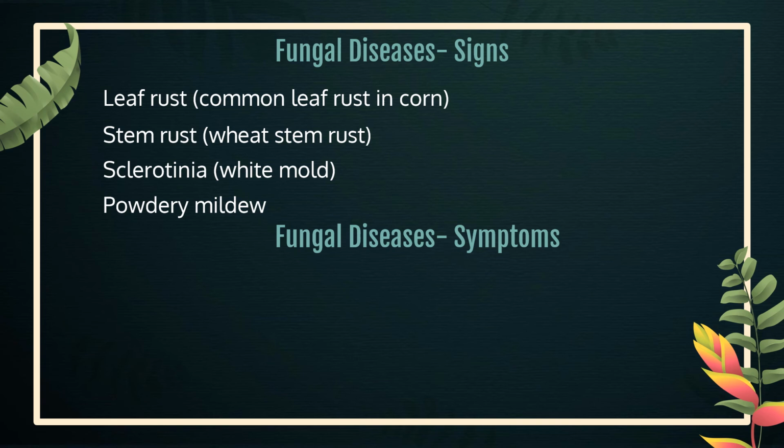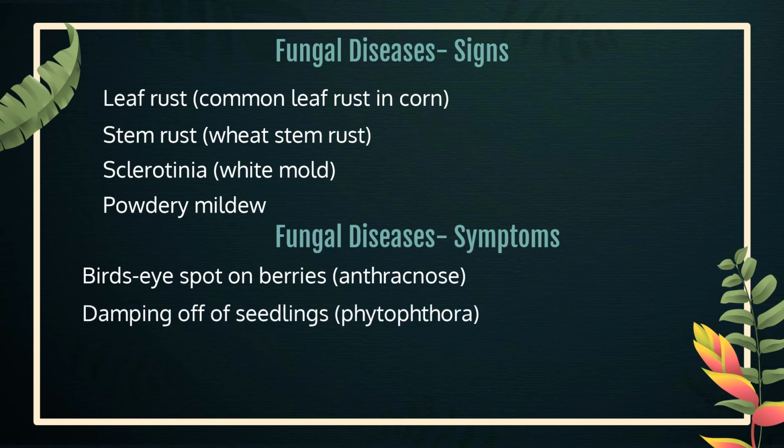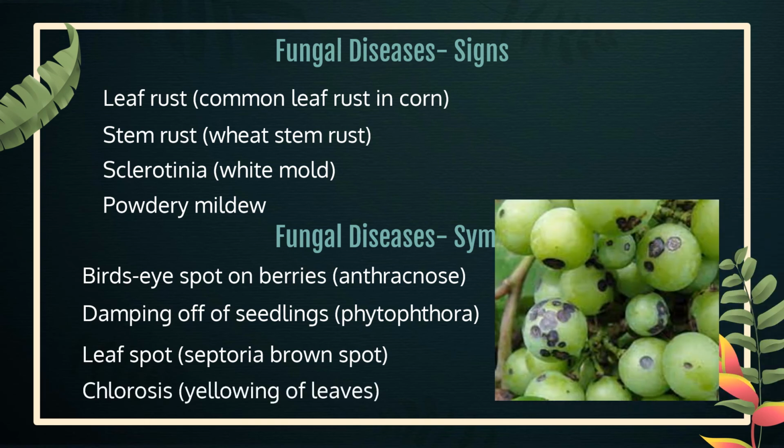If we look at plant leaves, the upper part of the leaves may have some visible white powdery substance. That is referred to as powdery mildew. Examples of symptoms are bird's eye spot on berries, damping off of seedlings, leaf spot, and chlorosis.